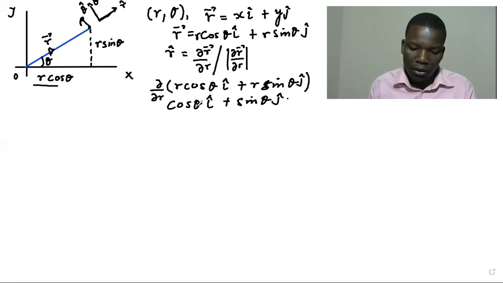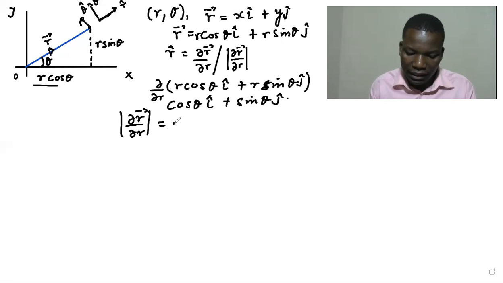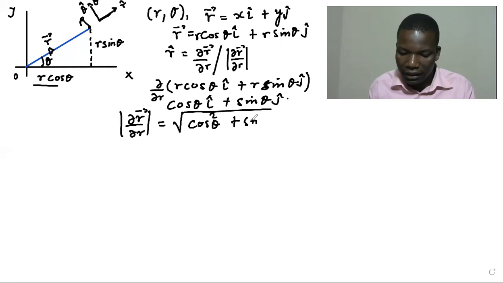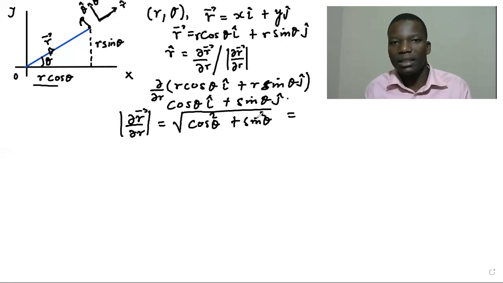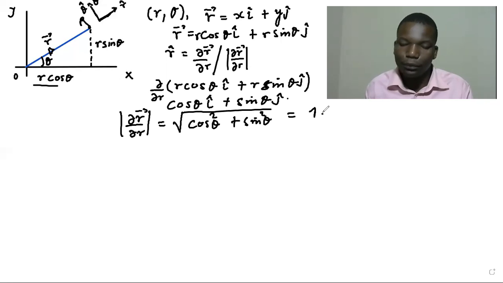Now we can also find the magnitude of this derivative, which is basically going to be cos theta squared plus sin theta squared. And from trigonometry, this is equal to 1.